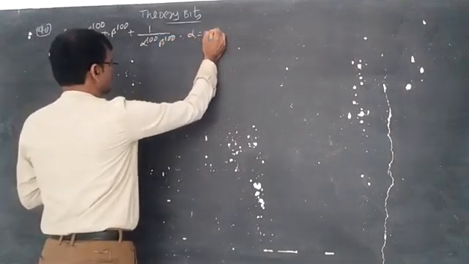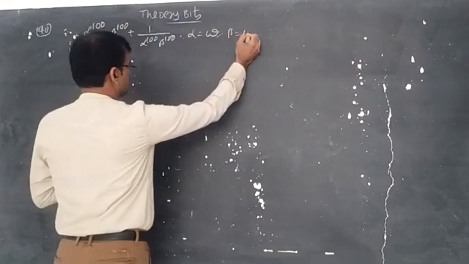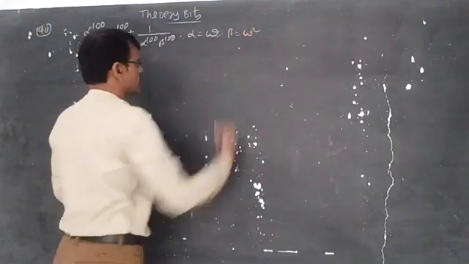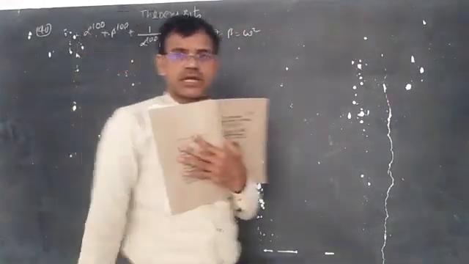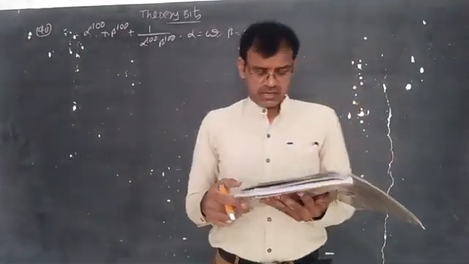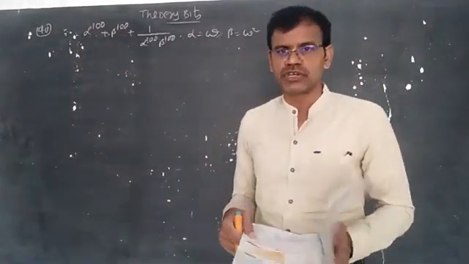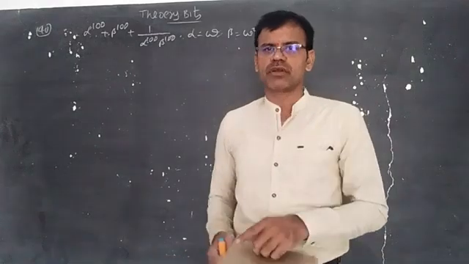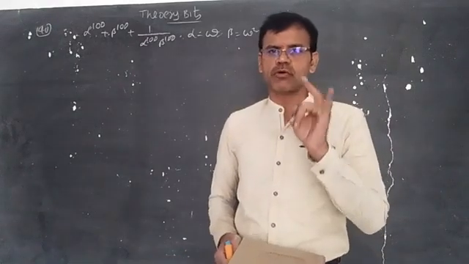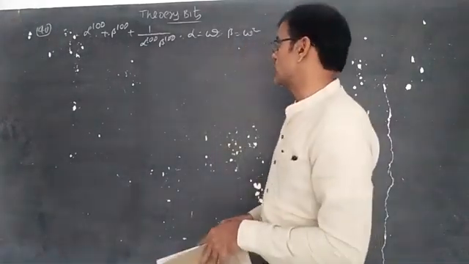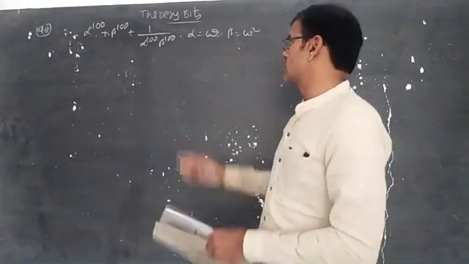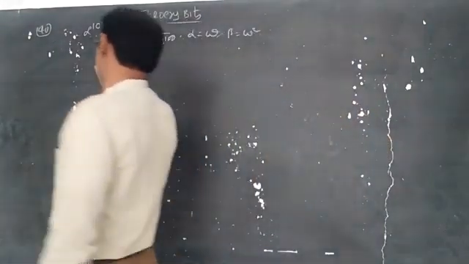So alpha is equal to omega and beta is equal to omega square, because he said that alpha and beta are the complex cube roots of unity. For unity, meaning 1, the cube roots are 1, omega, omega square. So alpha is equal to omega, beta is equal to omega square.